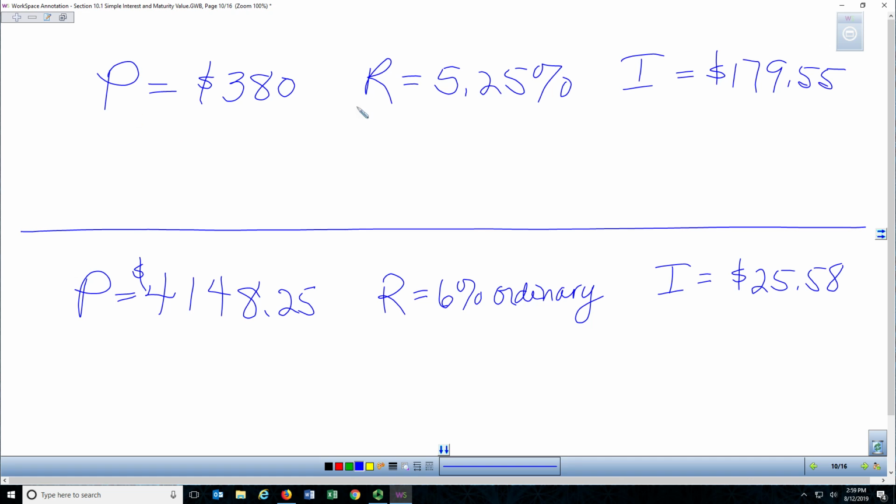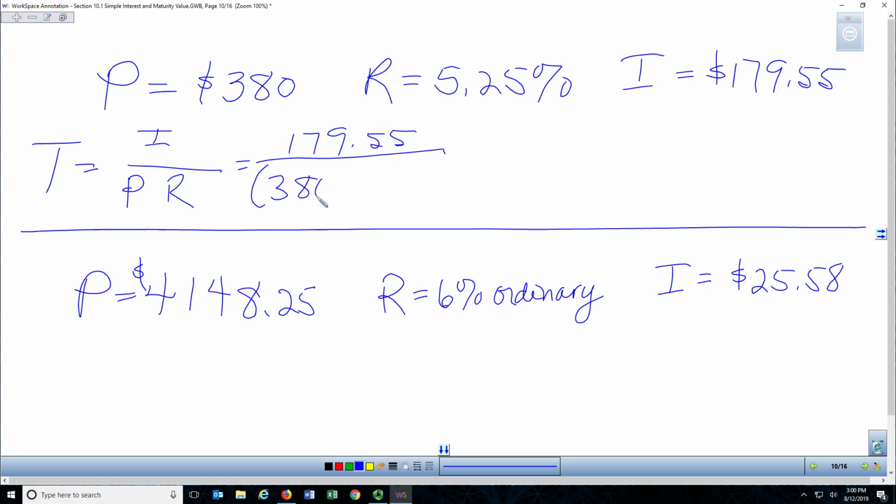I know P, R, and I. This time I'm looking for T. T is going to be interest divided by principal times rate. So the interest is $179.55 over 380.